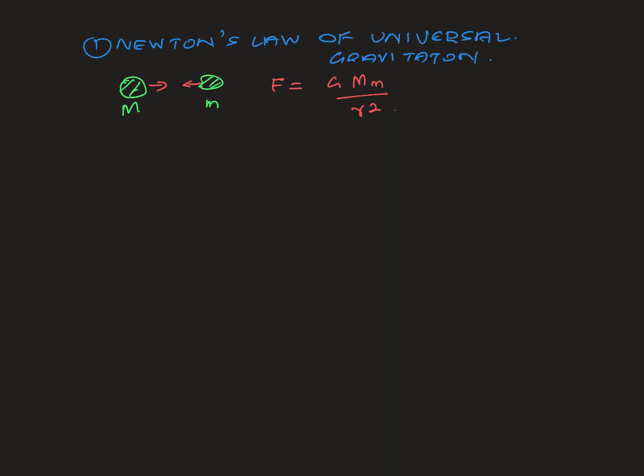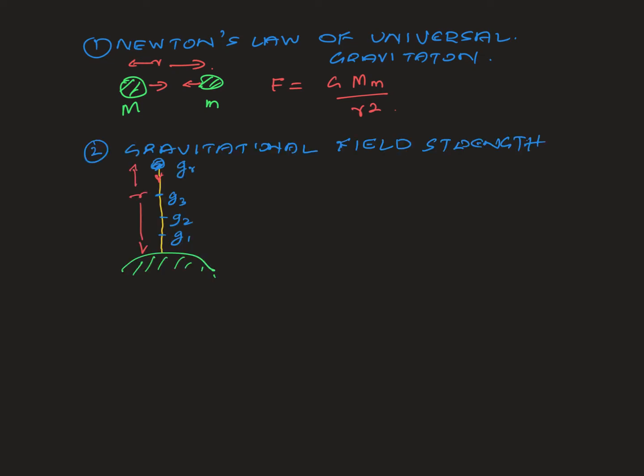So M and m are the masses of these two objects, and r is the distance between them. This can be sun and earth, or this can be apple and orange. Any two masses will exert attractive forces on each other. So that's Newton's law of universal gravitation.